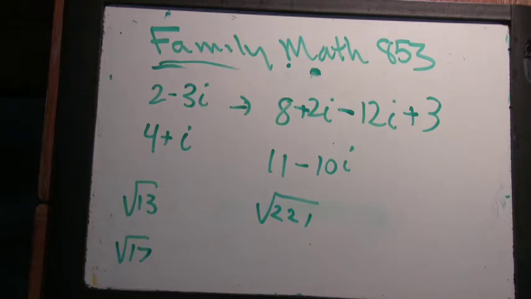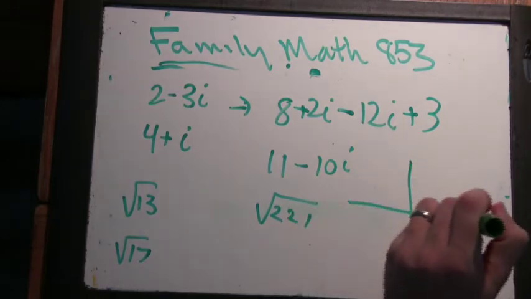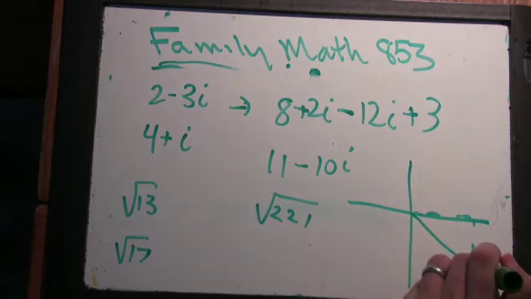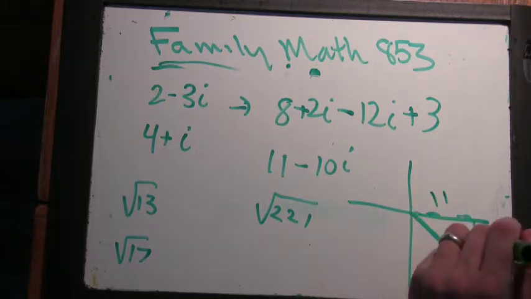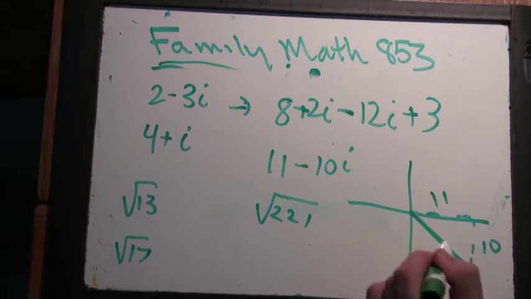Because we have the negative 10i, should this be negative? Well, it's a distance, and distance is always positive. We go over 11 and we go down 10, and we're finding this distance as a triangle whose side lengths are 11 and 10. You're right, it is going below the axis, but we're just trying to find the lengths here.